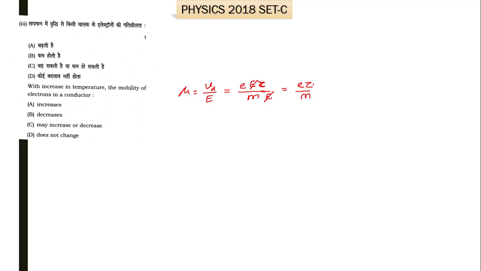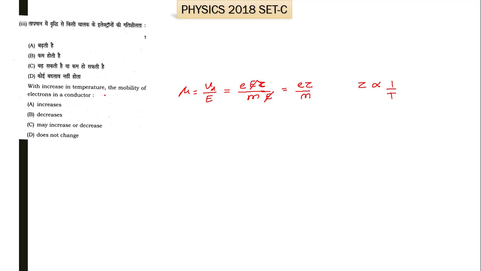We know that as temperature increases, relaxation time decreases. So we can simply write relaxation time tau is inversely proportional to temperature. Temperature will increase, relaxation time will decrease, or temperature will decrease, relaxation time will increase. So these are inversely proportional to each other.